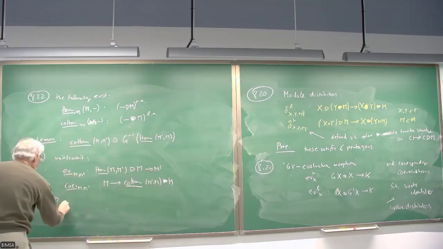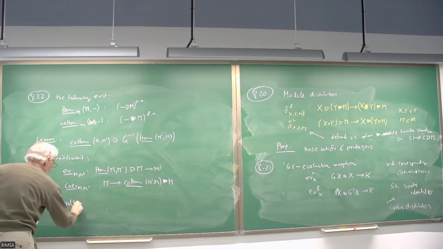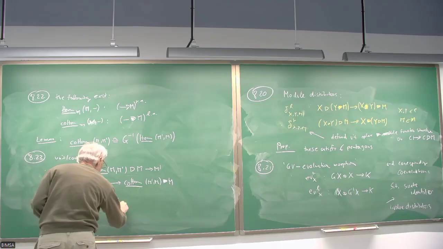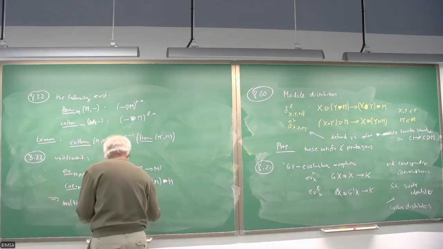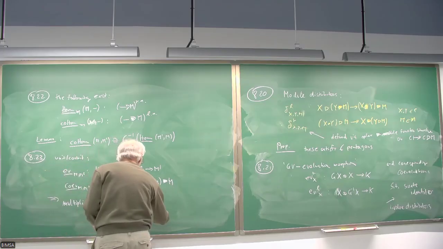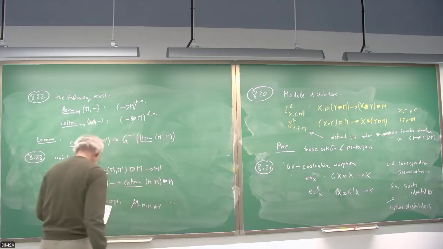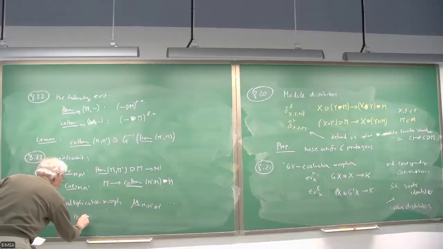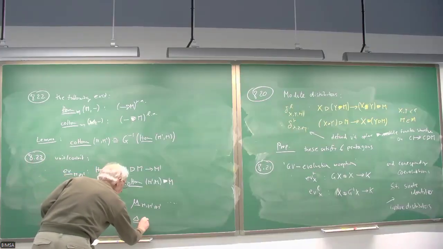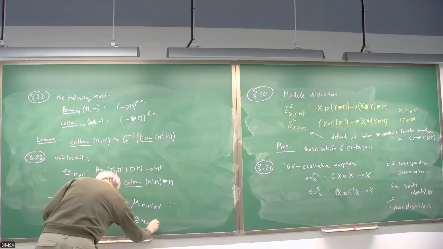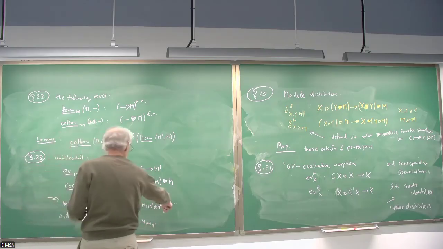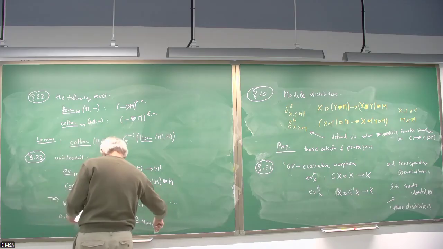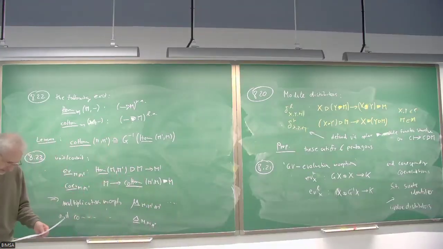And these give you multiplication morphisms, for M prime and M double prime of the same type as before, and comultiplication, defined dually, where these involve tensor products and actions, and these involve the other tensor product and the other action.